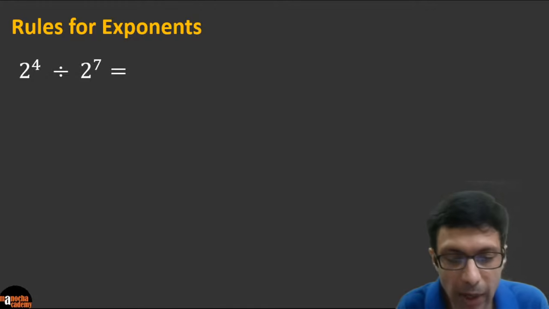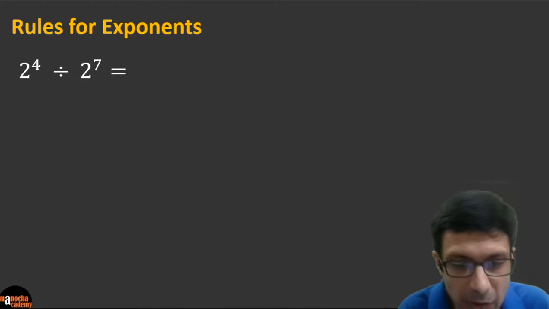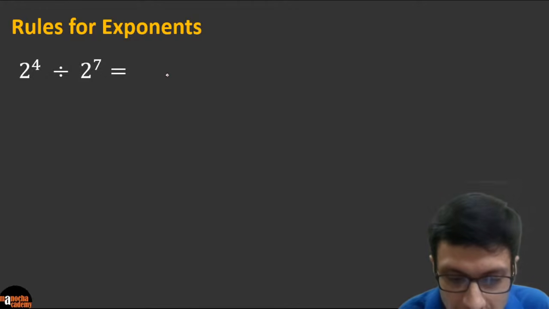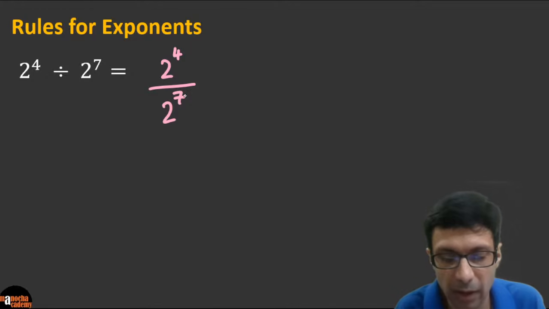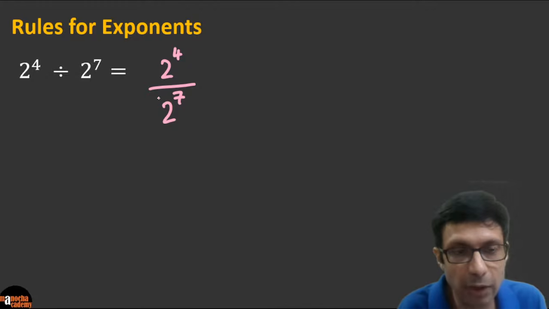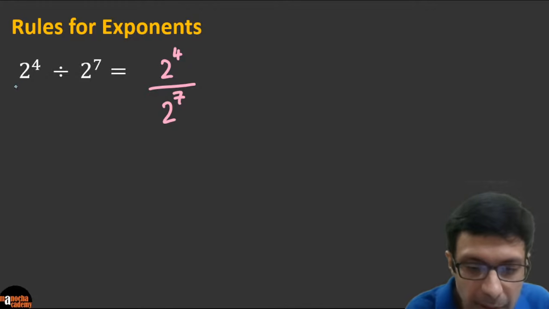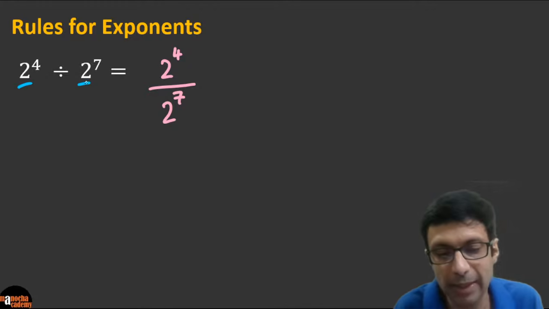Now let's take a look at another rule for exponents. So let's say now we have 2 to the power 4 divided by 2 to the power 7. So let's see what's going to happen here, right? So we can use the previous rule, because you have the same base here, 2, right? So we can subtract these.